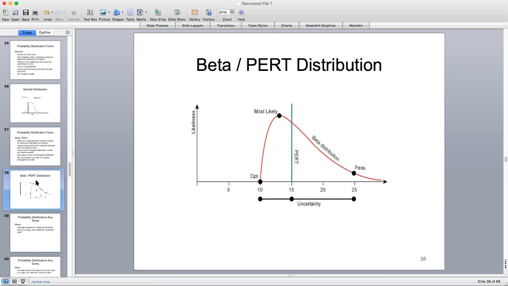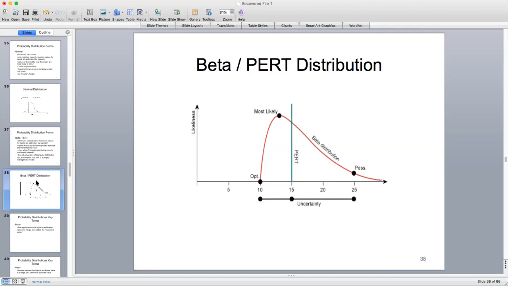Anything within that range is uncertain. We don't know what will actually be the outcome, but we know the lowest value is going to be the optimistic and the highest value, the pessimistic, and then that distribution approaches 0 on the tail ends. Okay, now the PERT value you see on that line on 15 is using the average, and you can see that it's very close to the most likely.